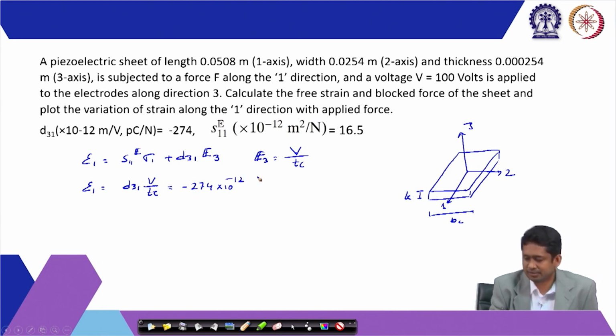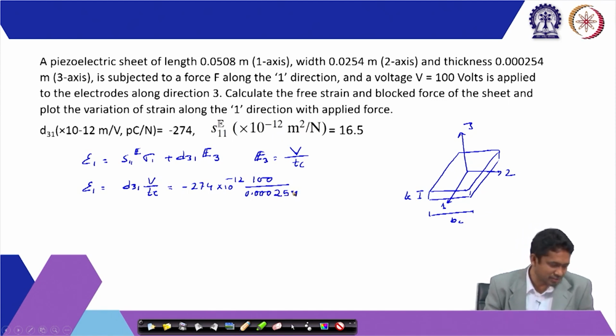Voltage is 100 volts, and the thickness is 0.000254, and this gives us the amount of strain. So, the strain that we get is minus 107.87 into 10 to the power minus 6.